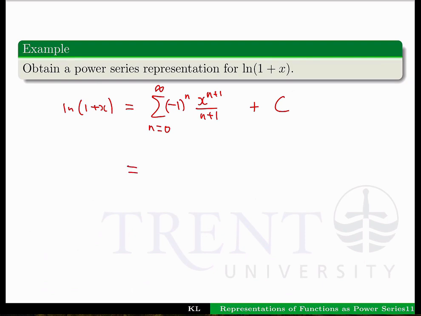If we expanded this, we will have c. When n equals 0, we will have plus x. When n equals 1, we will have minus x squared over 2. When n equals 2, we will have plus x cubed over 3, minus x to the 4 over 4, plus and so on and so forth.